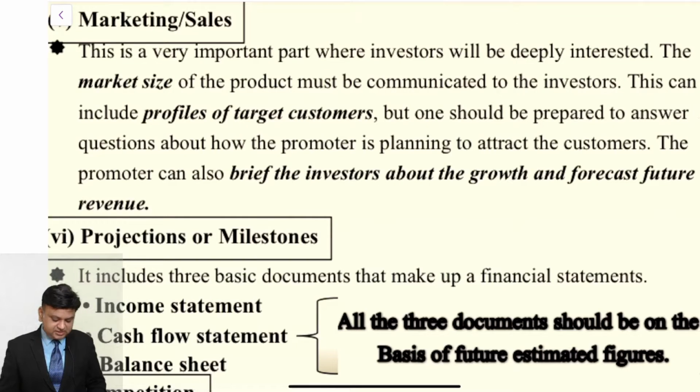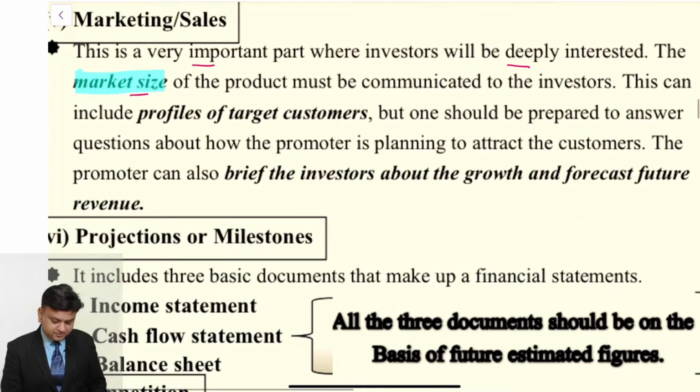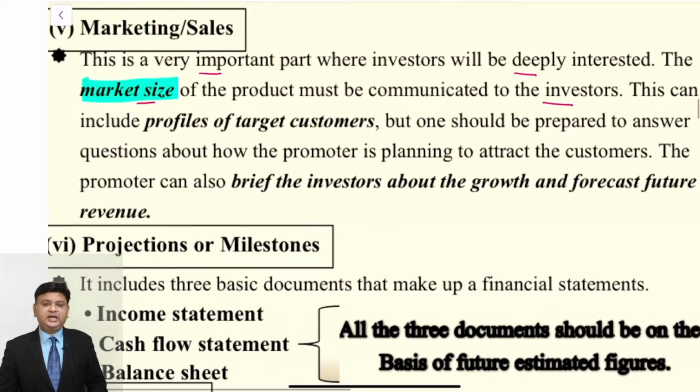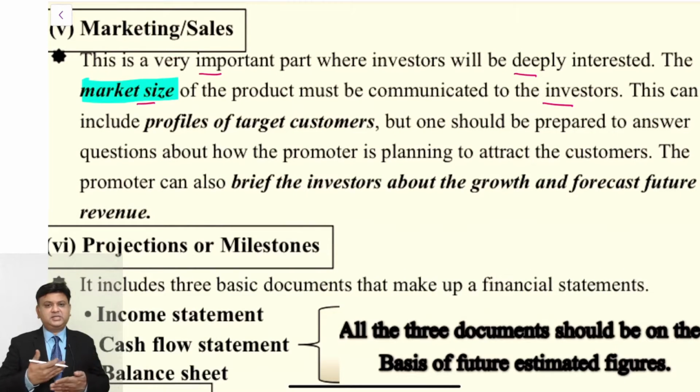Marketing and sales. This is a very important part where the investors will be deeply interested. The market size of the product must be communicated to the investor. You can give the last 4 or 5 years of details, showing how demand for this kind of product is increasing in the market.